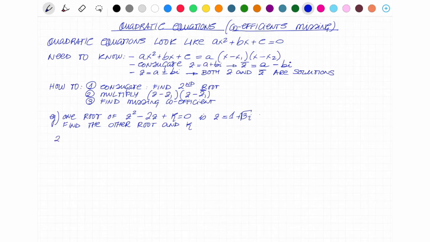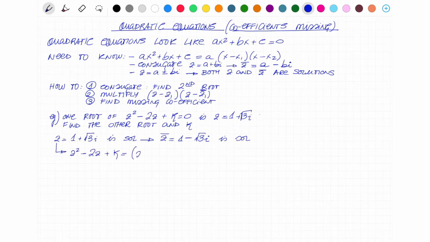The second root is the easier one to find, because if this is a solution, then I immediately know that the conjugate is a solution. What having both solutions gives me is, to all effects, the factorization of the whole polynomial.